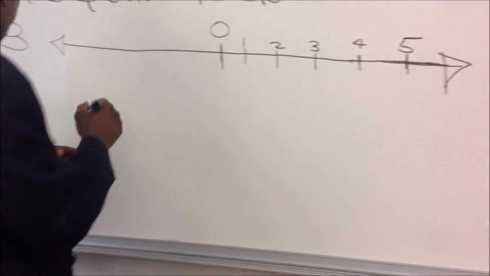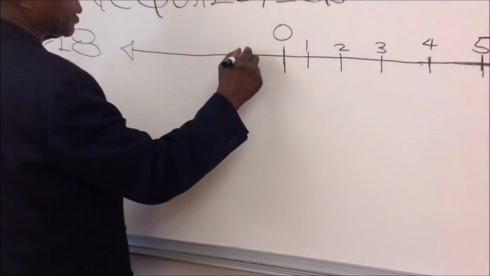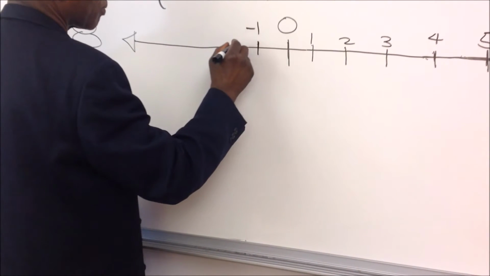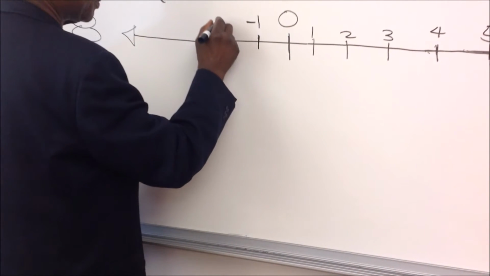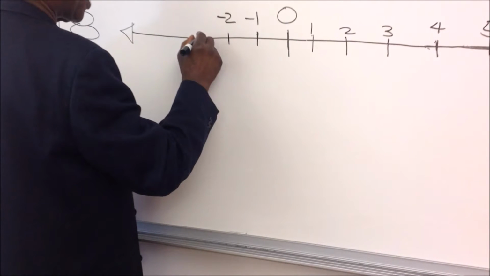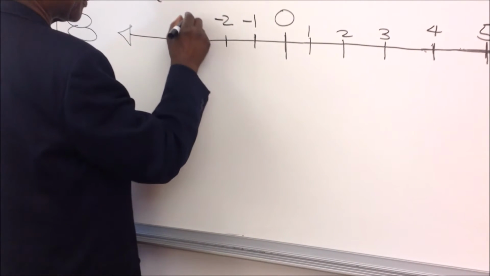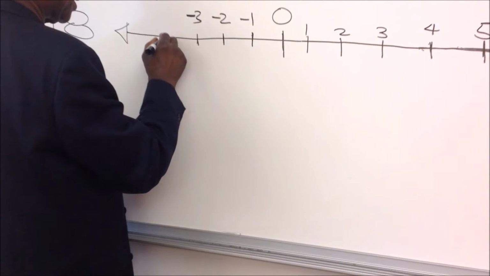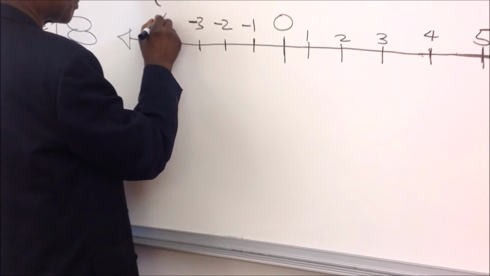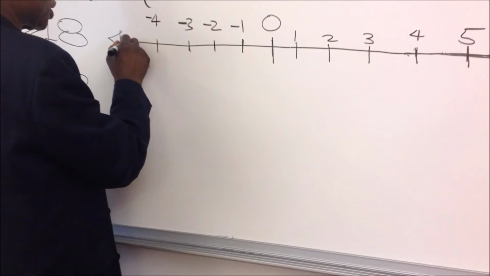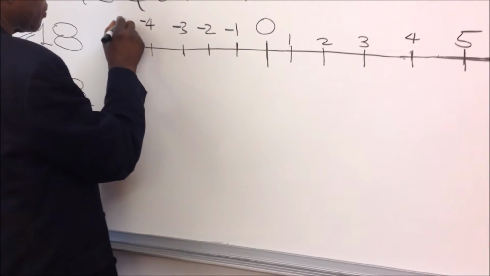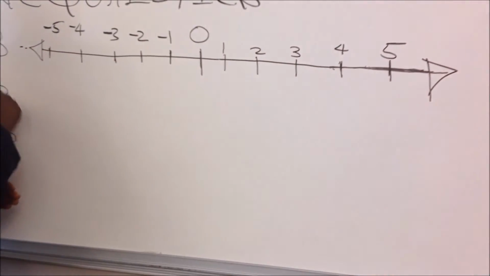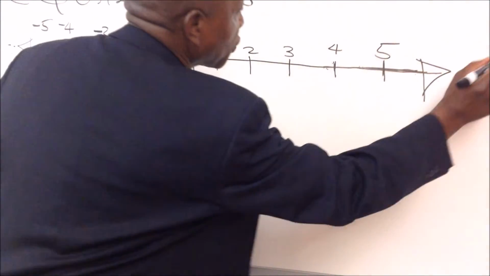On the left side, we have -1, -2, -3, -4, and of course -5, and so on and so forth.